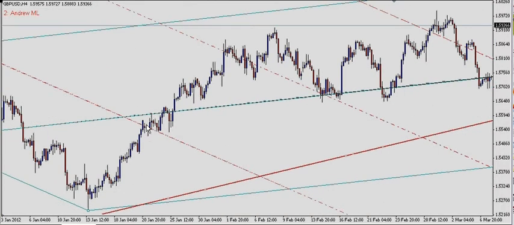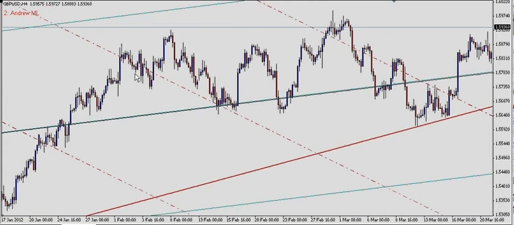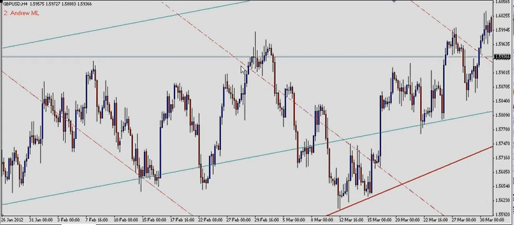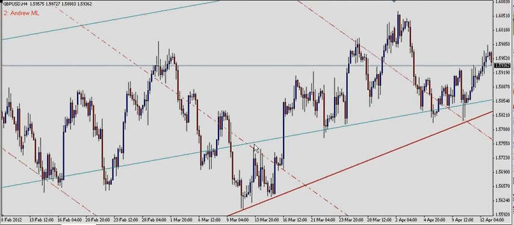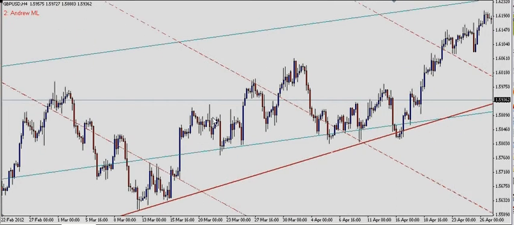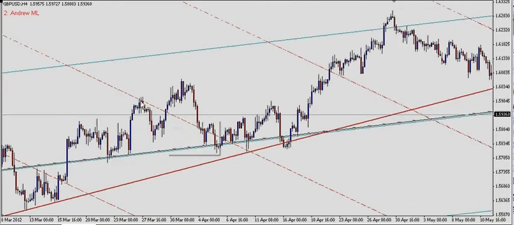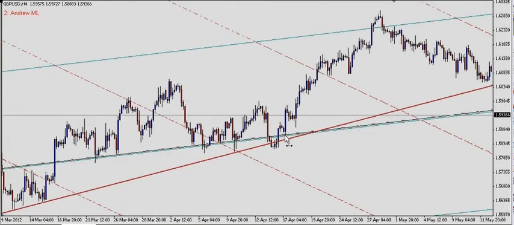Let's have a look at the price behavior here. The center line again working a treat. Yes, there's definitely something going on here, and the same with this reaction line here. And this is the 240 minutes, so these are substantial moves.